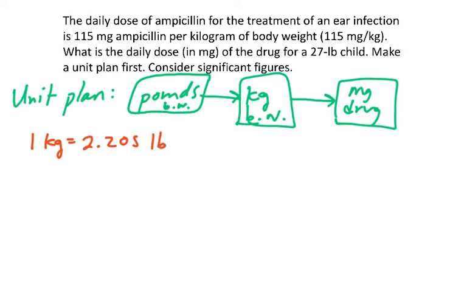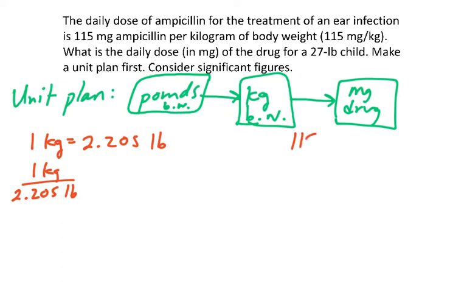And then we can write this as a ratio, right? And in this case, we want kilograms on top because we're converting into kilograms. And then this arrow represents the conversion factor. And that's going to be just the connection between drug and body weight, which is the dosage, the daily dose, right?